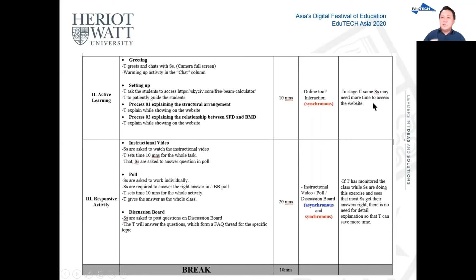So look on the right, you have the comment sections. You can also write down some expected situations in the lesson plan. Take for example, if the students are doing this exercise and they get the answer right in the poll, that means there will be no need for detailed explanation and you can save more time to move on.